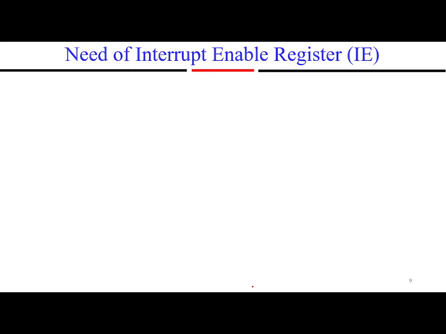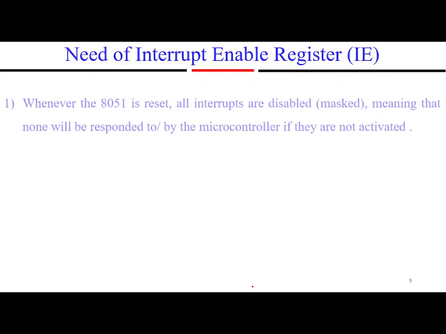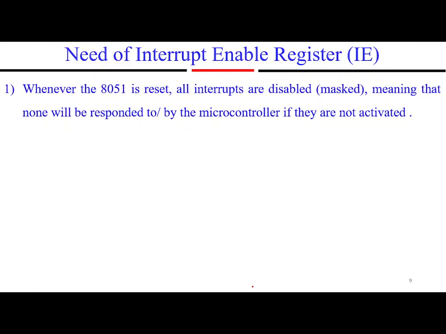Now there is a register called IE, the interrupt enable register. Whenever the 8051 is reset, all the interrupts are disabled. That means none of them will be responded to and they are not in active mode.